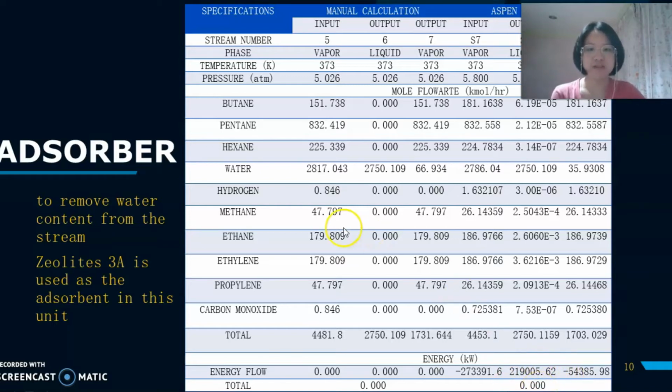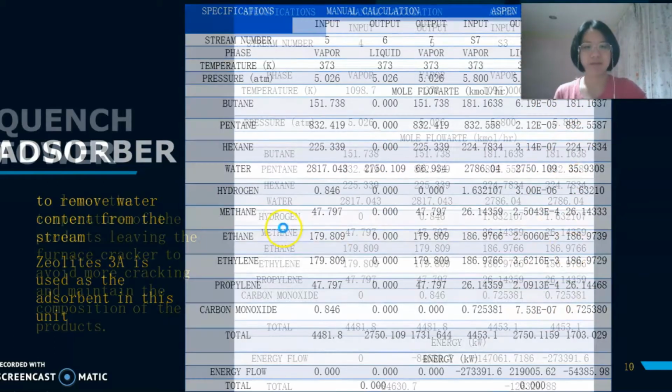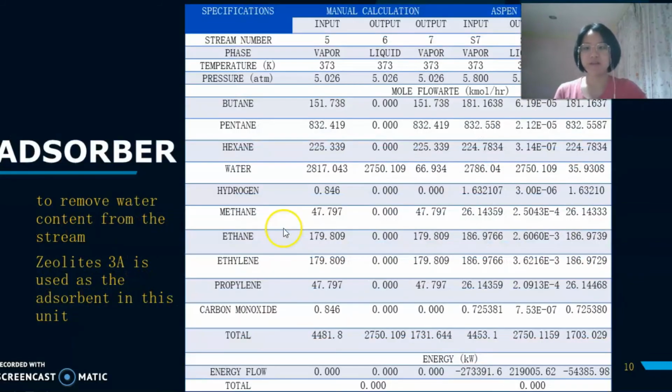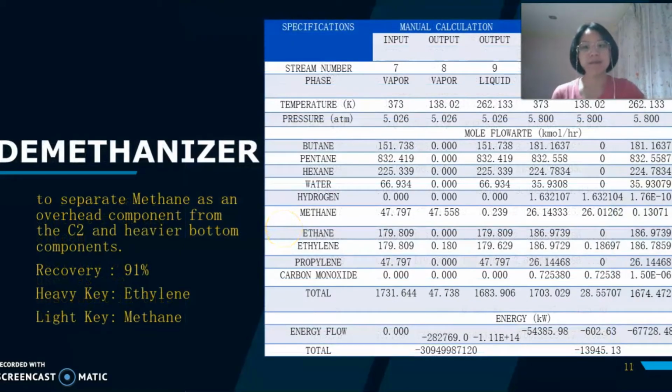For the adsorber, we only consider the water change in the material balance because some of the other components can be ignored since they are too little. The next unit is the demethanizer. The demethanizer is used to remove the methane from the other components.